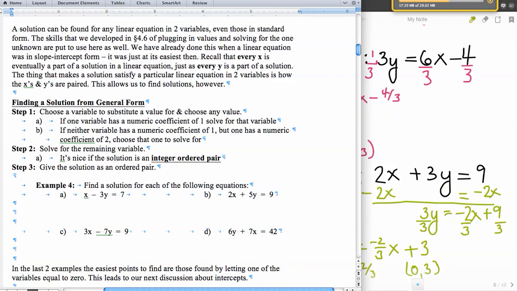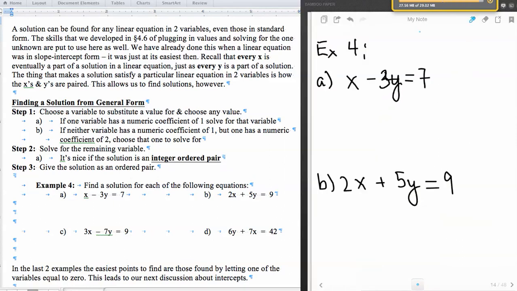And the one that we choose to plug in for is totally up to us, and we usually choose the one that's quote unquote easier. So we're going to go ahead and find some solutions for these.